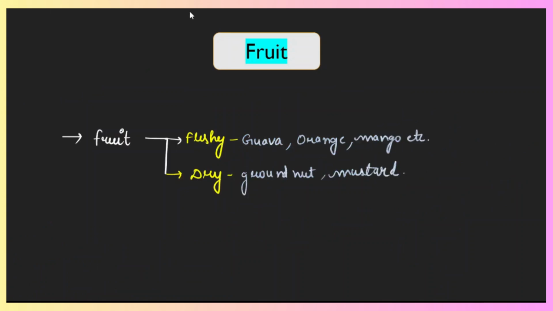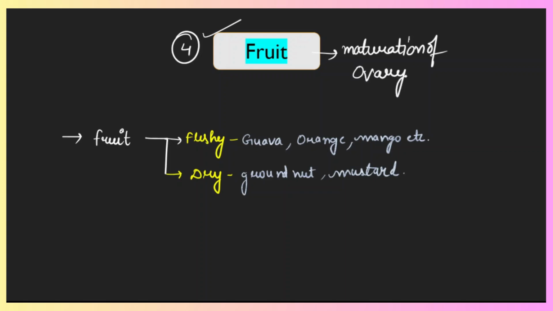Now, the last part under post-fertilization events is the fruit. The fruit is formed from the maturation of the ovary. The seed is formed from the ovule, and the fruit is formed from the maturation of the ovary.